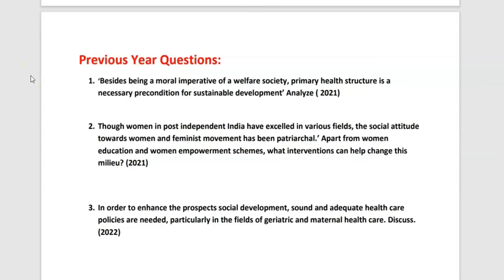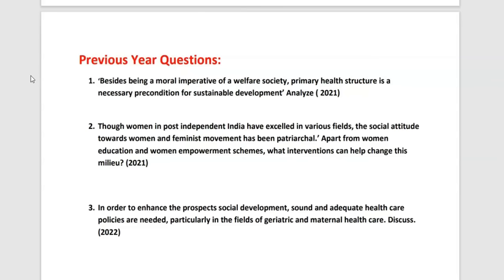Here we can write that improved maternal health benefits the entire society, and so importance is given in Sustainable Development Goal, target 3.1. So you are justifying your point, that it is not just me saying it, it is something written in the SDG.